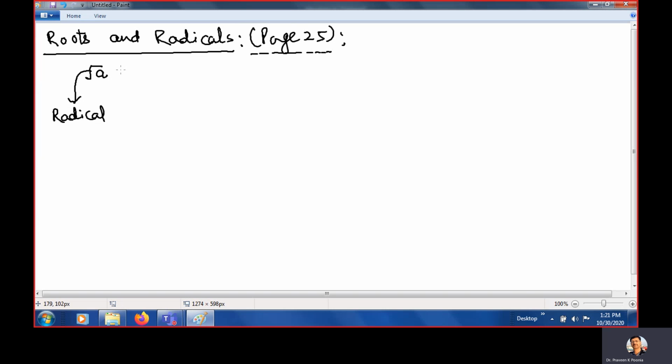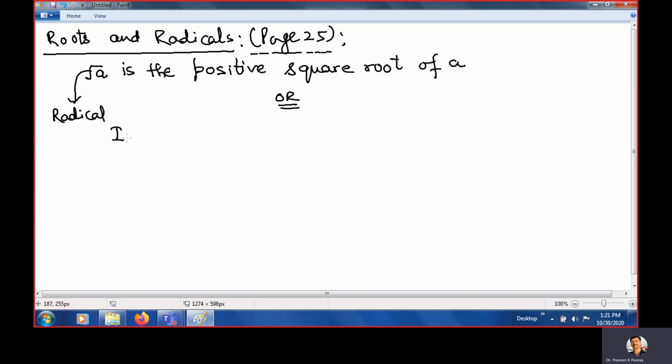So root A is the positive square root of A, or in other words, it is a positive number whose square is A.